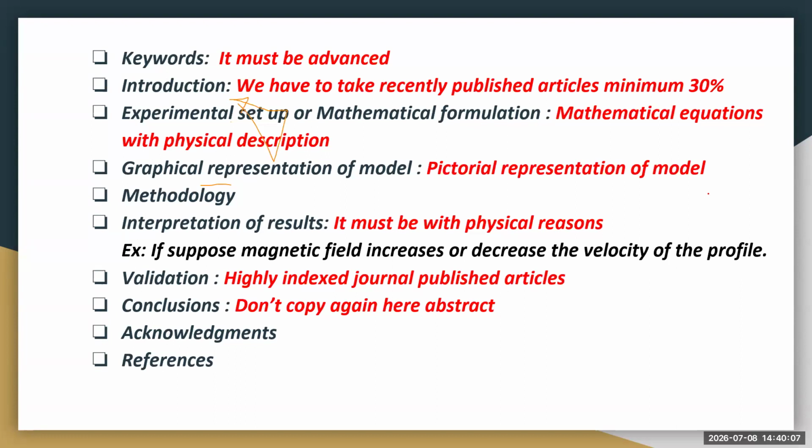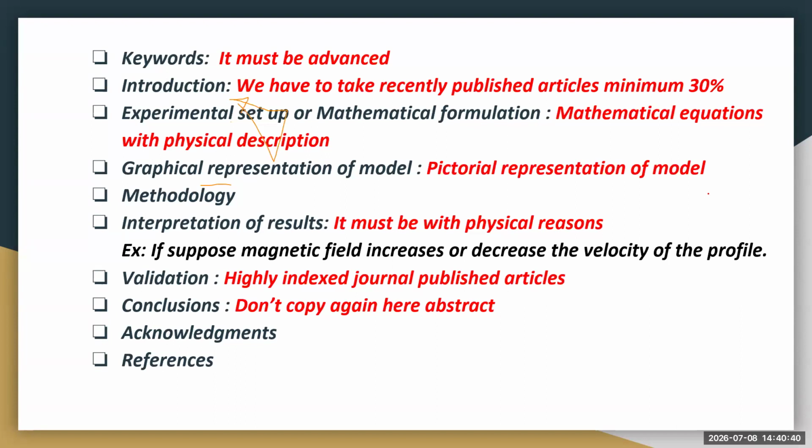We have to mention each and every equation, and each term must be defined properly. Let us say we have some magnetic field, sigma B naught square by rho. What is sigma, what is B naught, what is rho? All this information should be given.